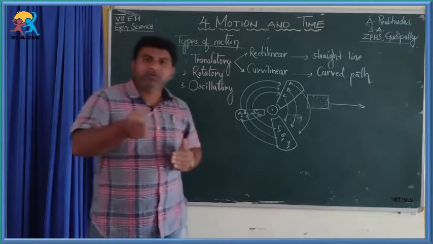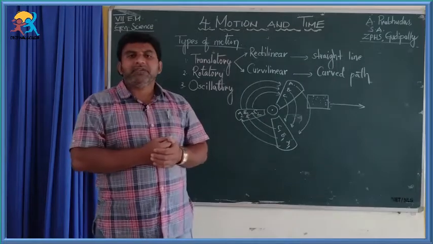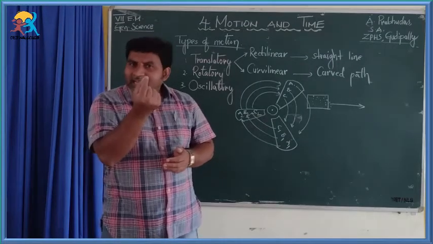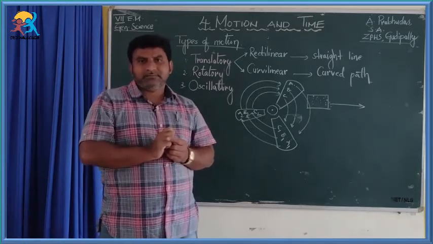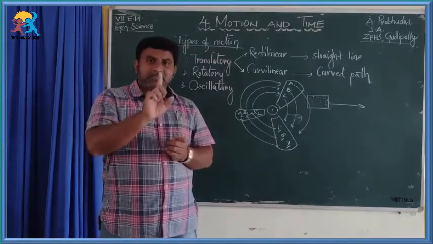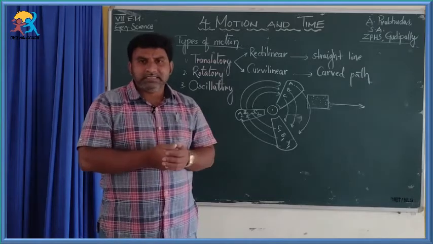In oscillatory motion, the moving object moves in to and fro direction or in up and down directions. For example, if you carefully observe the needle of a sewing machine, the needle moves upwards and downwards continuously. Such type of motion is called oscillatory motion.